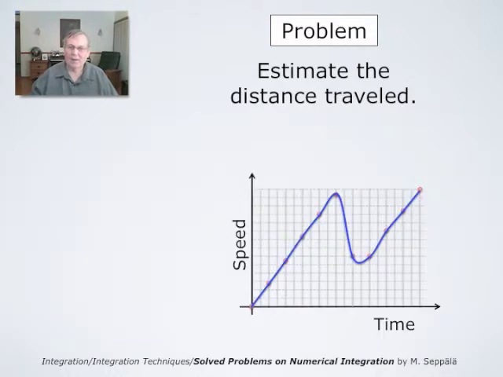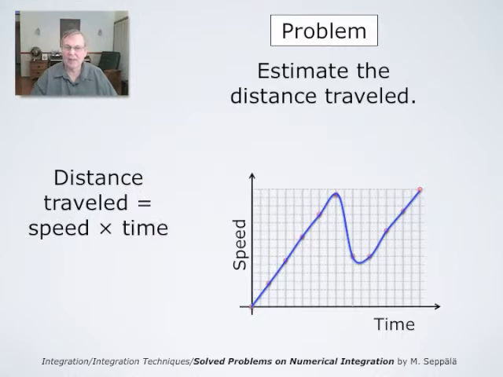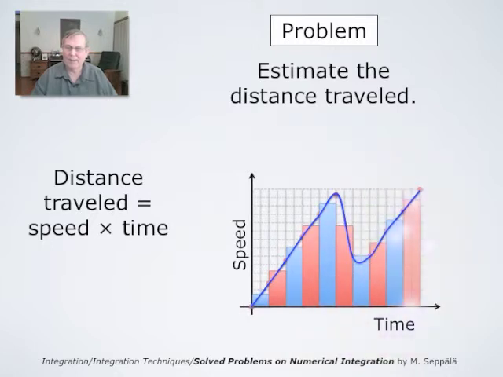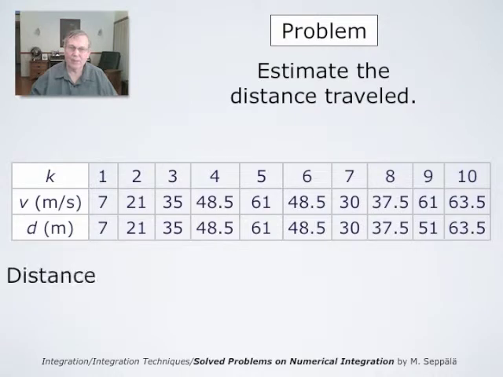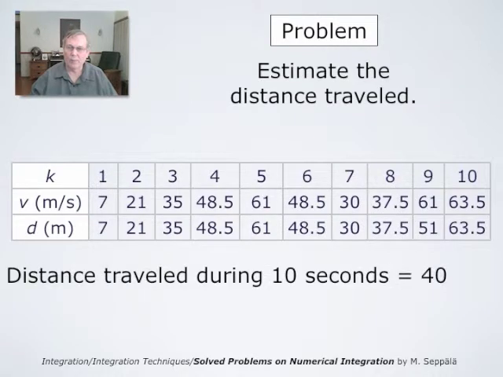Here we have the graph of the speed of this car, and the distance traveled is speed times time, which can be illustrated by these rectangles. The distance traveled is the same as the area of the red and blue rectangles shown in this picture, and this can easily be computed from this table.